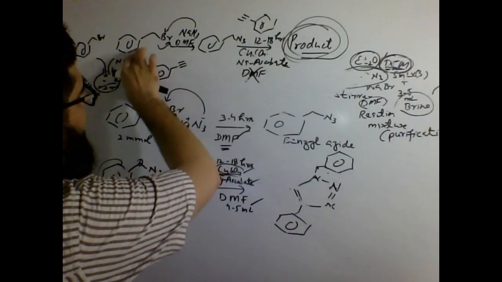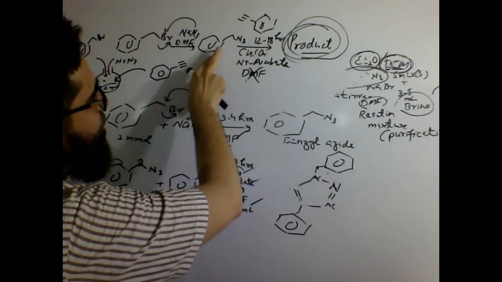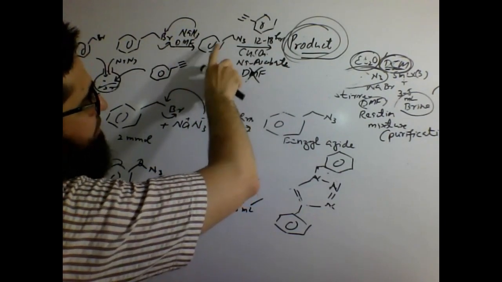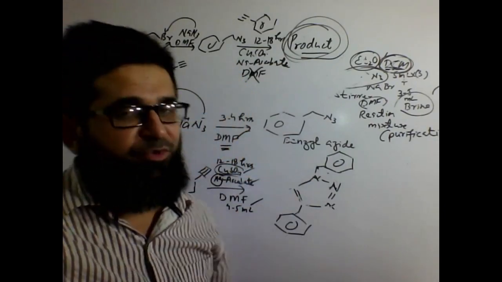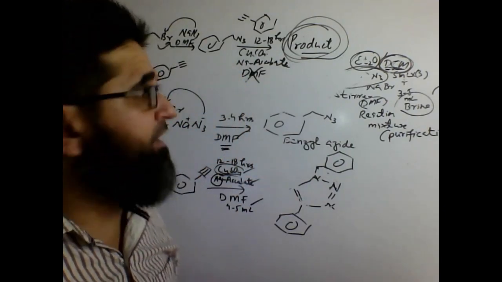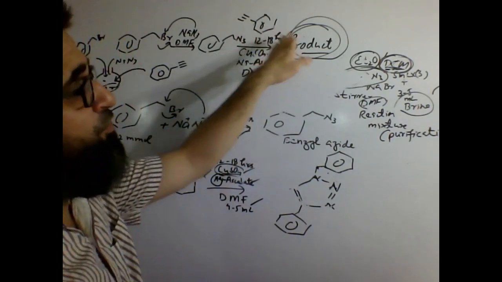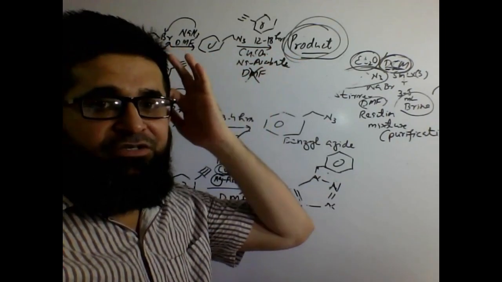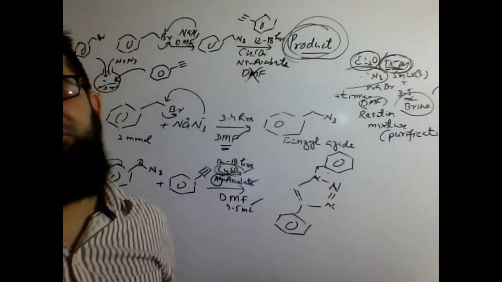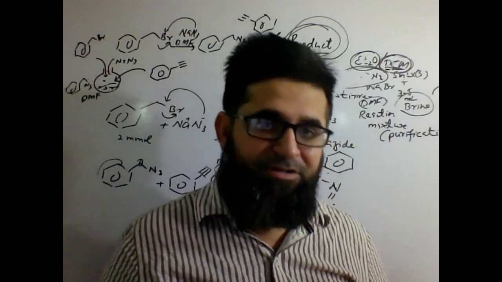If the product of the first step is insensitive, decomposes, is unstable, or does not react the way you want, then such reactions are not possible. So there are a number of limitations for one-pot strategies.